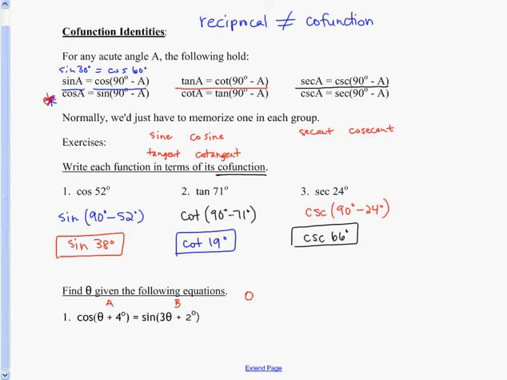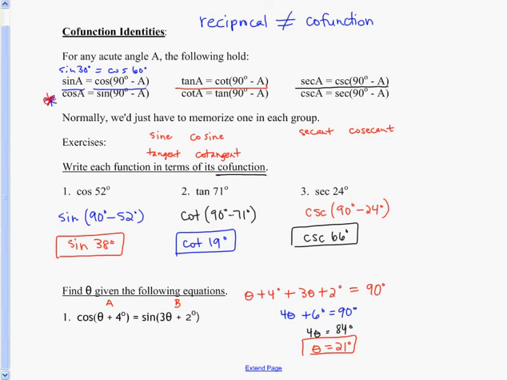That means that theta plus 4 degrees and 3 theta plus 2 degrees have to add to 90 degrees, which gives me a total of 4 theta plus 6 degrees equal to 90 degrees, which means my 4 theta is going to be 84 degrees, which means theta is going to be 21 degrees.